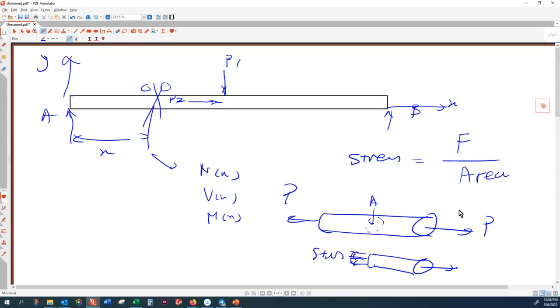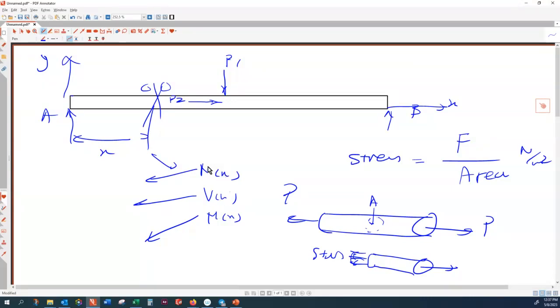The unit for that is Newton per square meter. All right, so stress is force divided by area. And then for each of these three internal forces, you can define an internal stress. Then the internal stresses can be compared together, and from that we find out which one of these three is more critical.